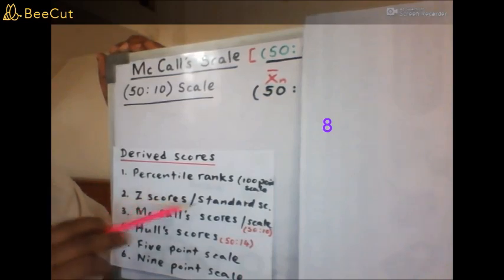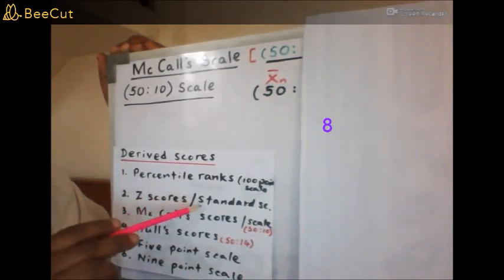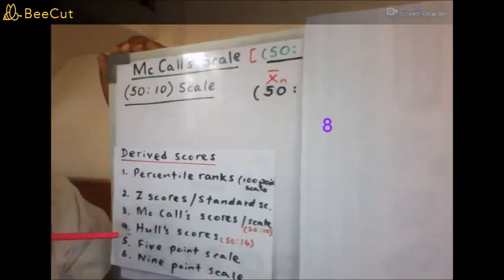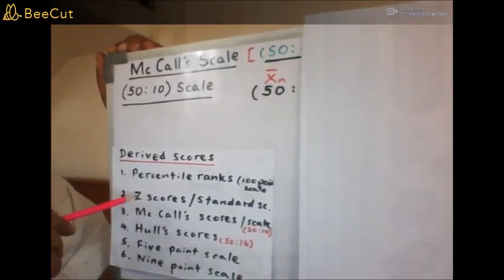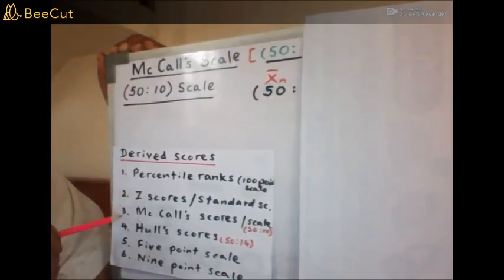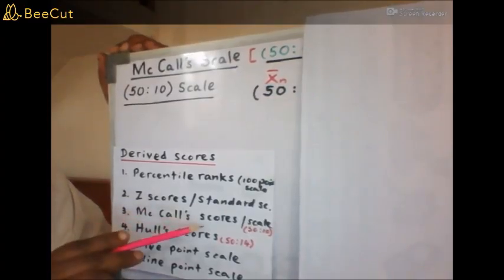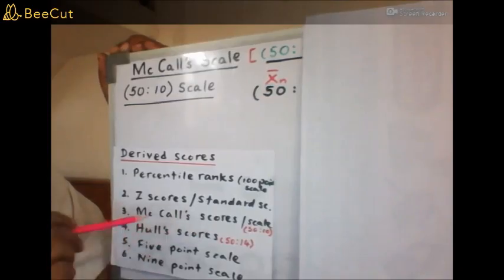We know how to get the Z scores or the standard score, normal scores. Z equals X minus X bar divided by SD. By using that formula, we can derive the Z score from the raw values. The third one is McCall's scale or McCall's scores.